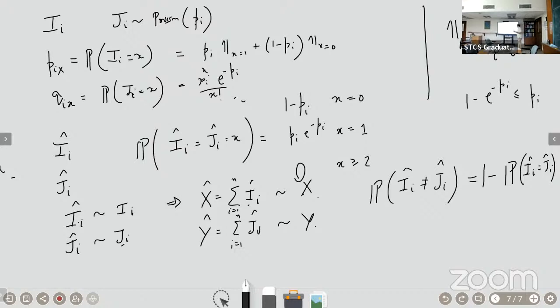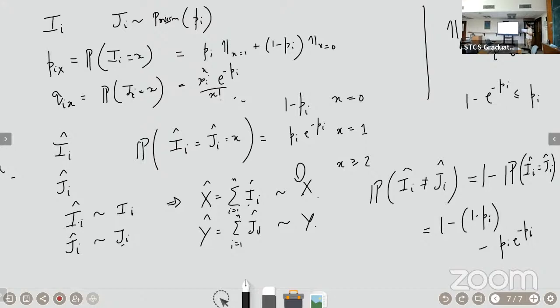1 minus the sum of p_i minus c_i. Is the upper bound completely negative? It's not a negative quantity.